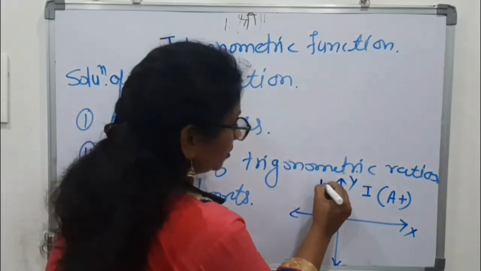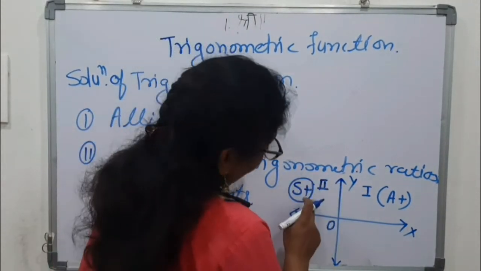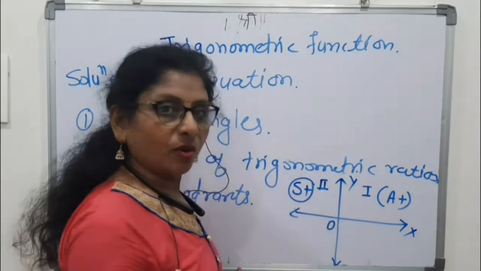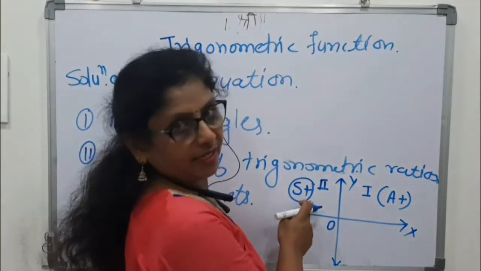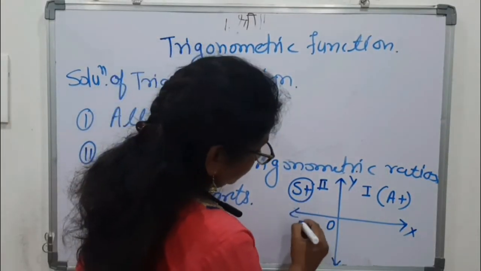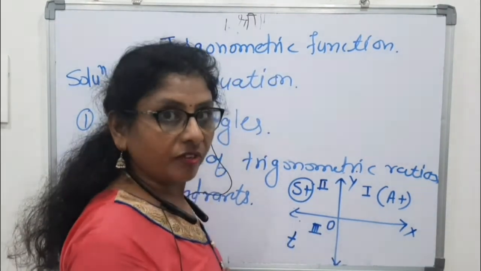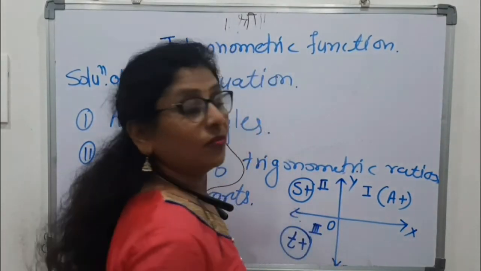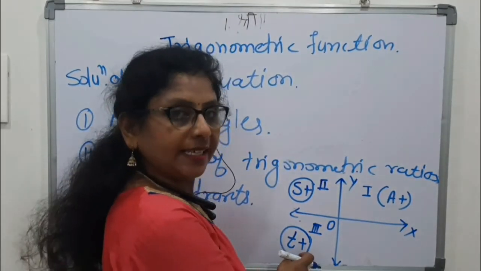In the second quadrant, only sine is positive, and cosec will be positive as cosec is the reciprocal of sine. The remaining four ratios are negative in the second quadrant. In the third quadrant, tan is positive and consequently cot will be positive. The remaining four ratios will be negative in the third quadrant except tan.